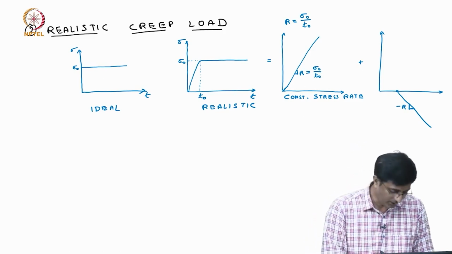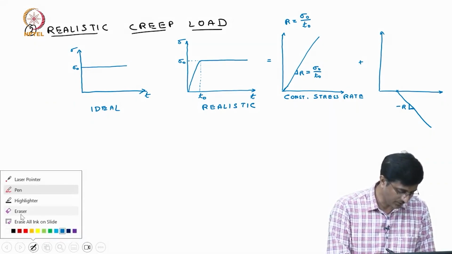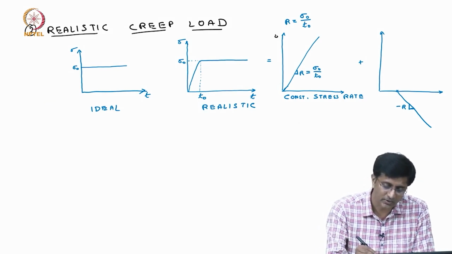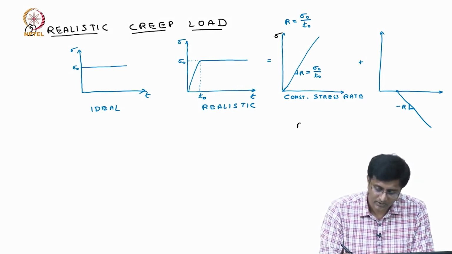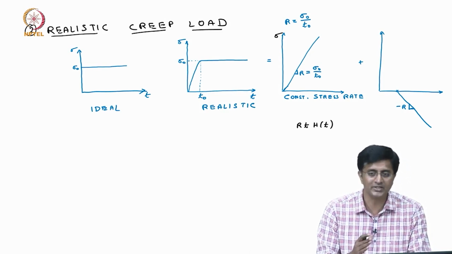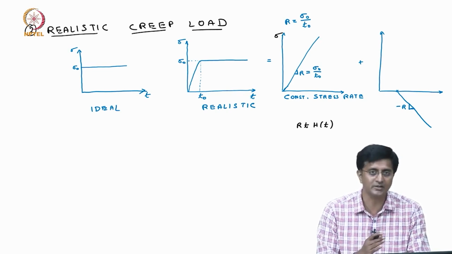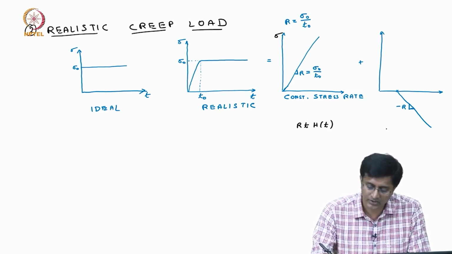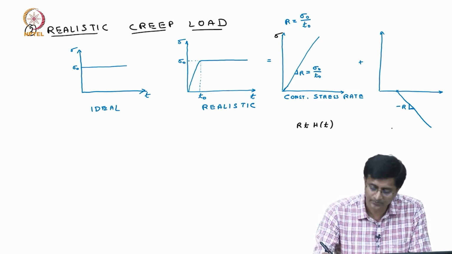Now, let us see how do we write the equation in terms of functions. For the first step function, it can be written as stress sigma is R t times H of t. This Heaviside function ensures that the loading only starts from time t equals 0, and for time less than t equals 0, there is no load. And for the second step function, it is minus R, it starts at time t naught.